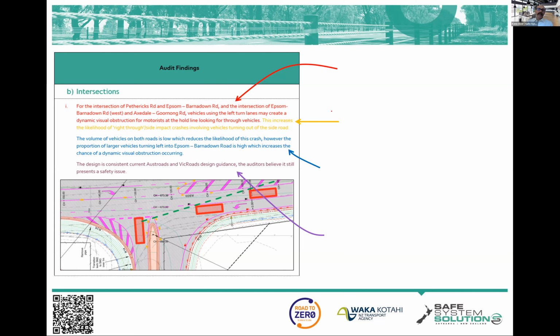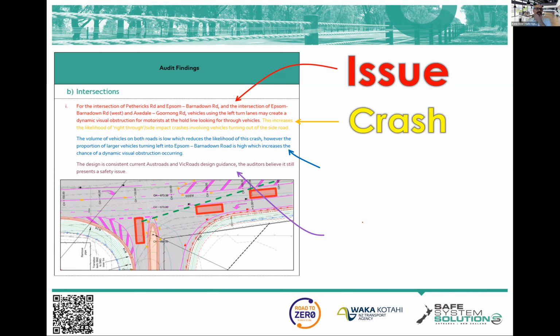So the red part here is the issue. You've actually described the issue you're concerned with. The yellow part is the crash itself, actually specifying the crash that could happen. The blue is starting to add in factors that increase or decrease the risk associated with that specific issue.